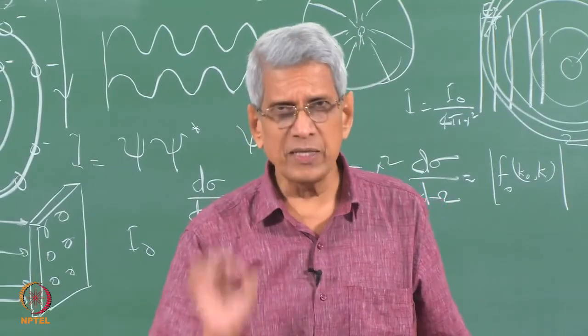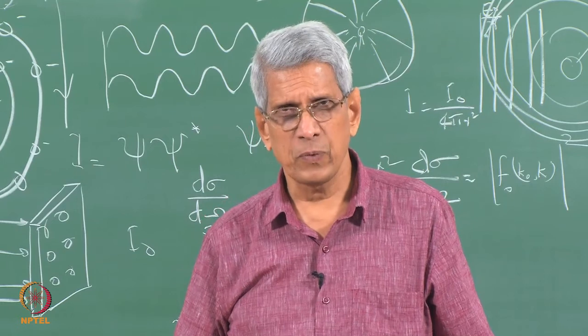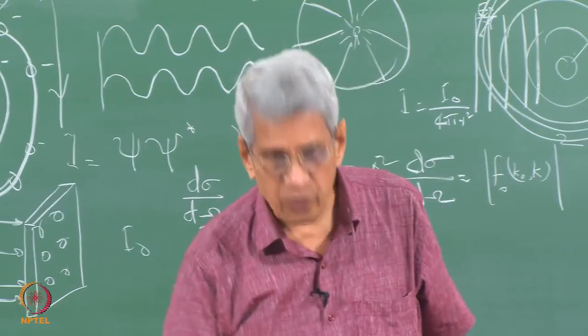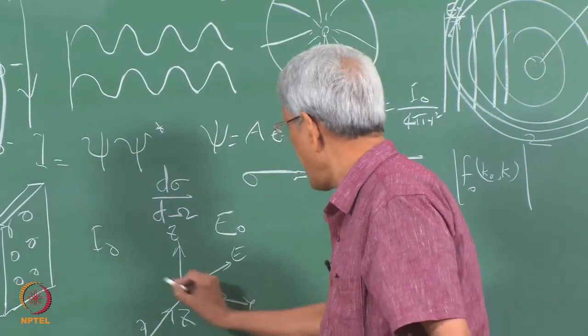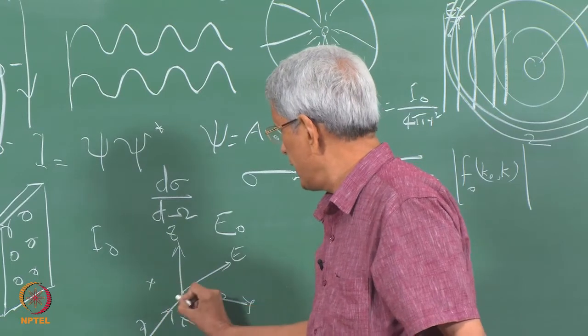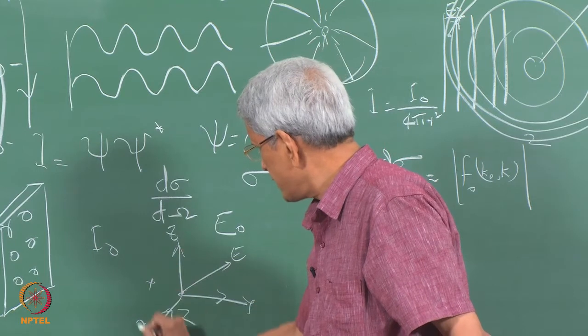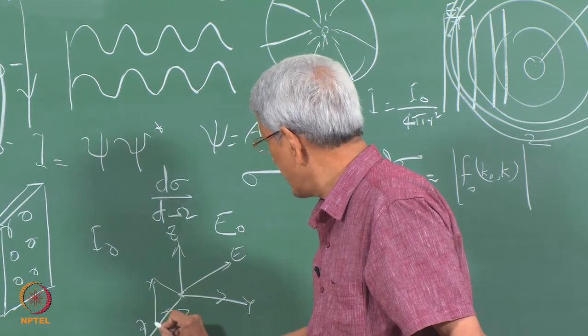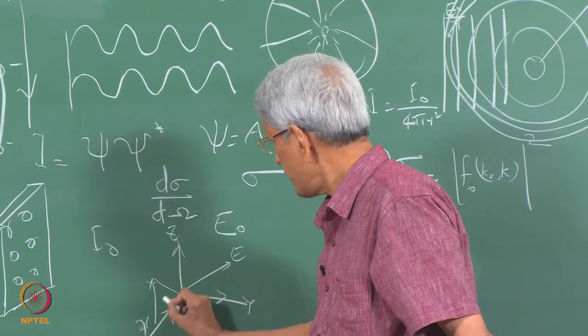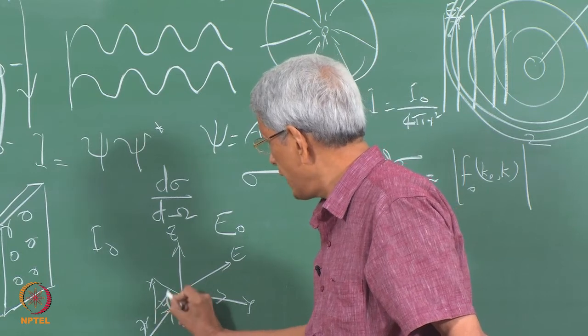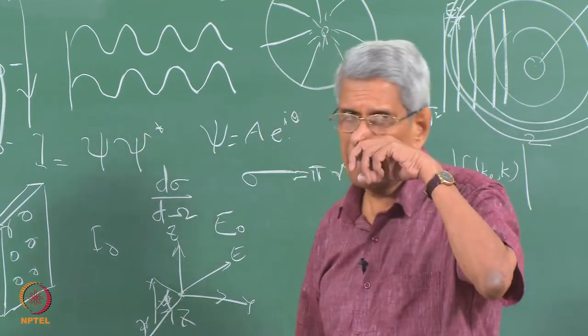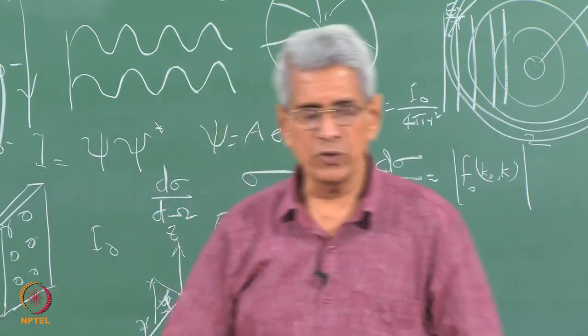In this particular case, we want to find out, at any particular point with respect to this electron, let us take it in this XZ plane itself, at an angle 2 theta, how the intensity is going to vary.